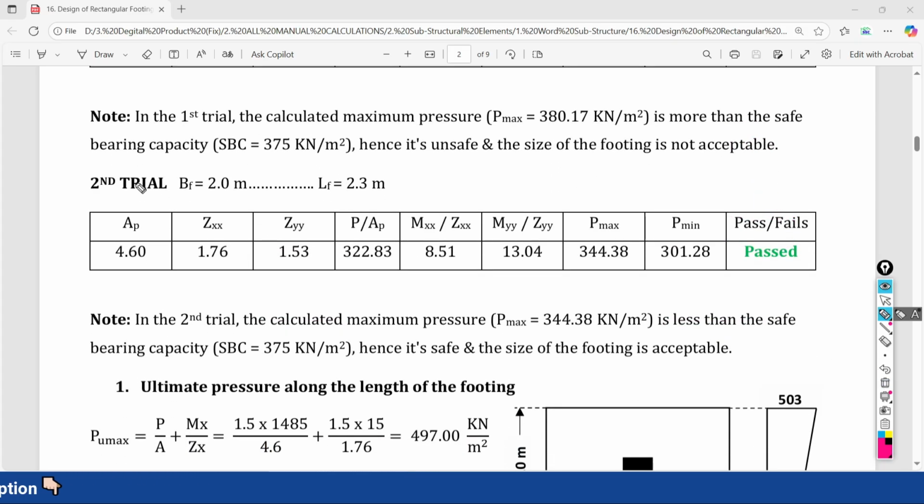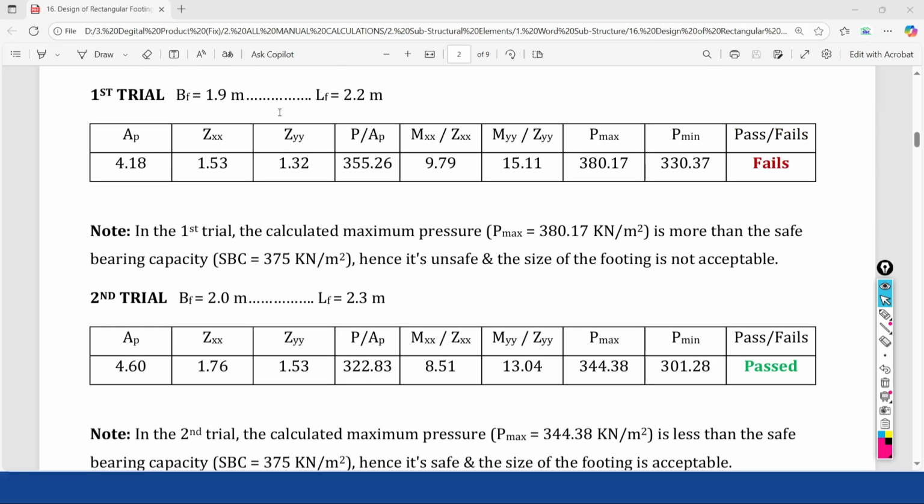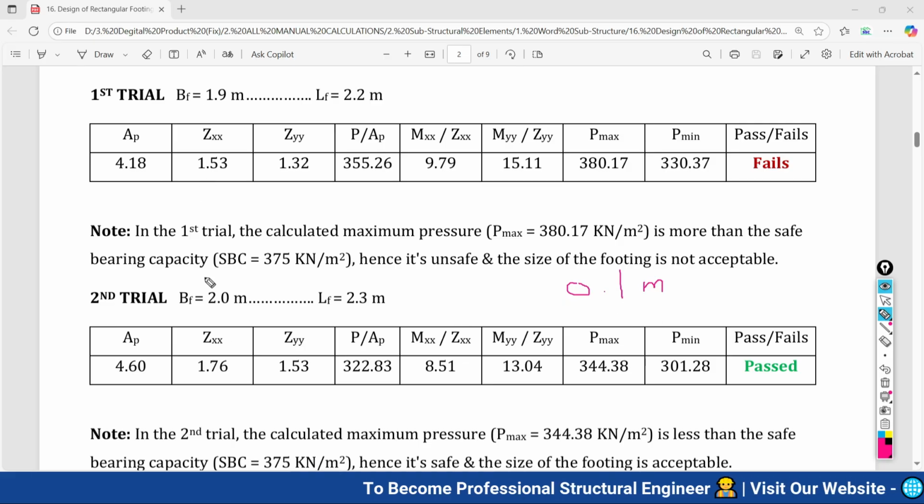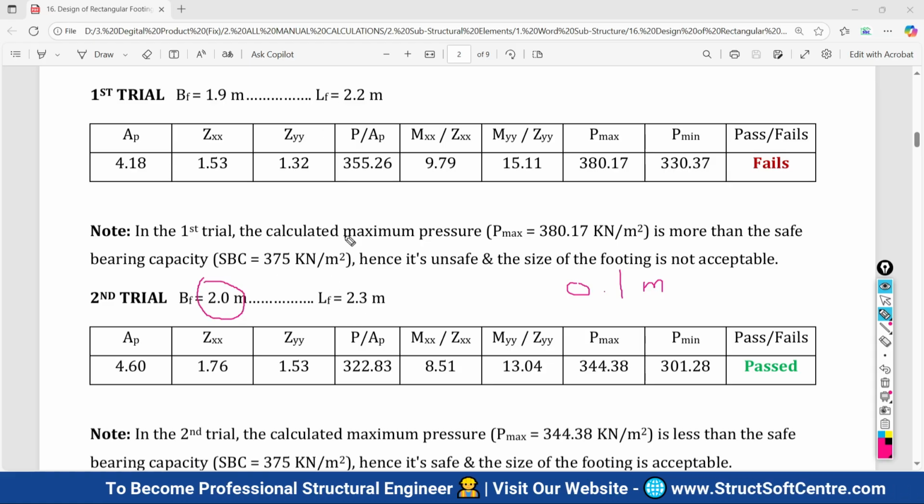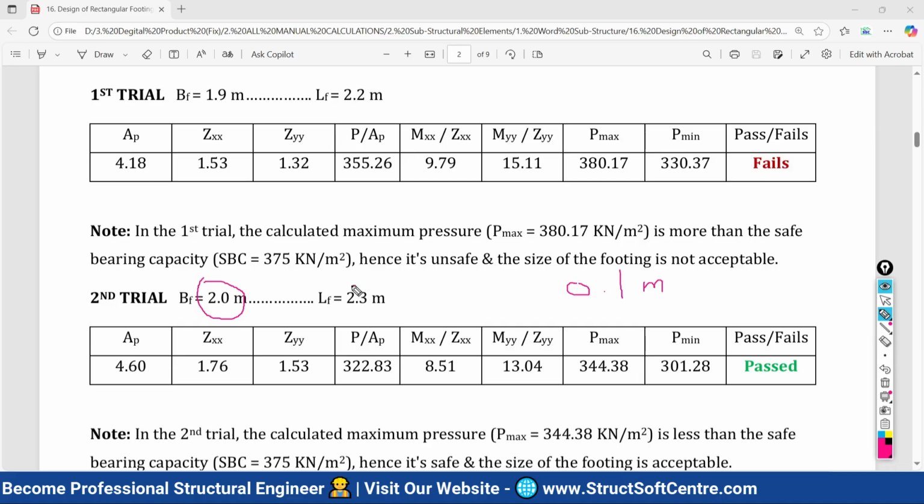So what we will do in the next trial, we are going to increase the width of the footing as well as the length of the footing by 0.1 meter, or you can say 100 mm. So 1.9 we are going to change to 2 meter, and length of the footing instead of 2.2 we are going to take as 2.3 meter.